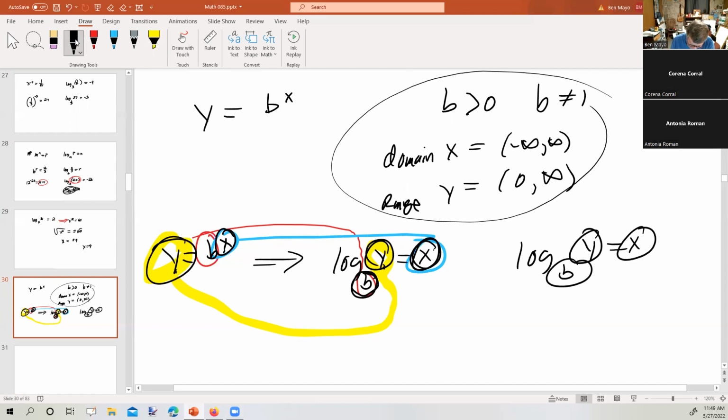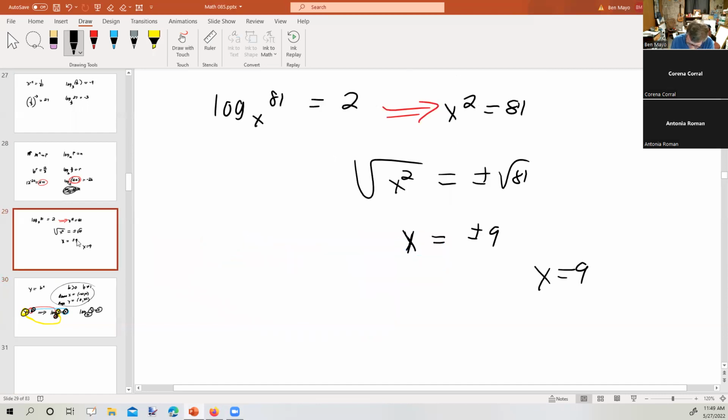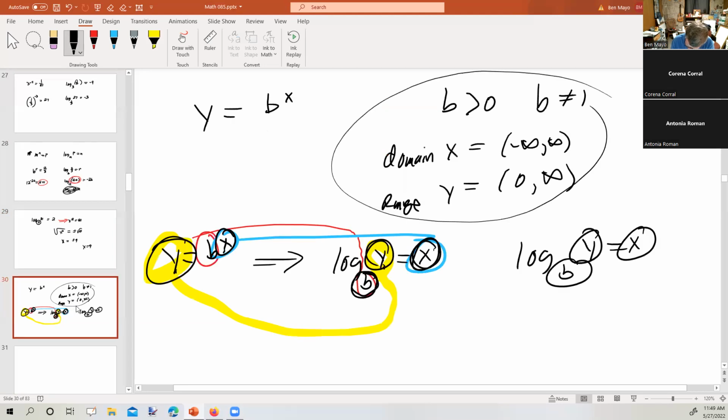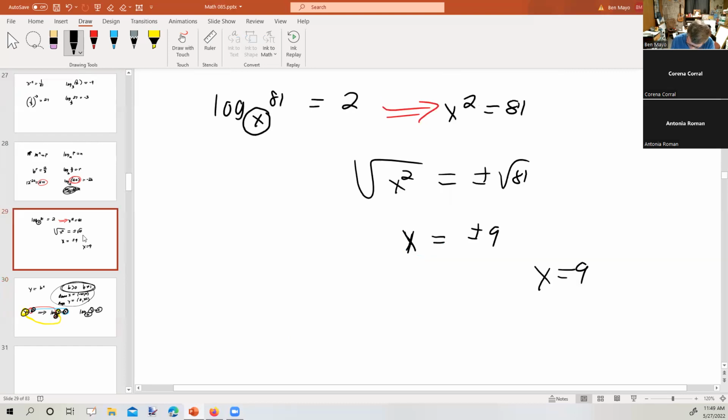So let's take that and go back here. That's the base. It has to be greater than 0. Right. So based on that, we would throw out the negative, even though it's a solution to this equation.